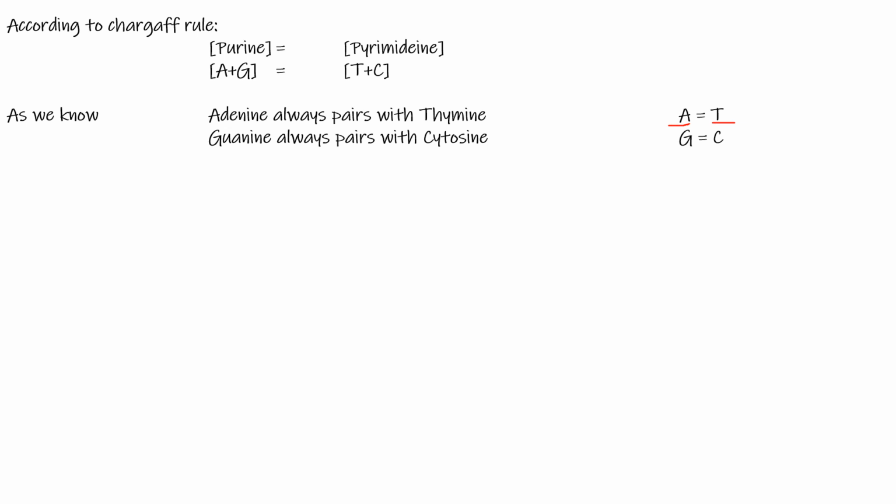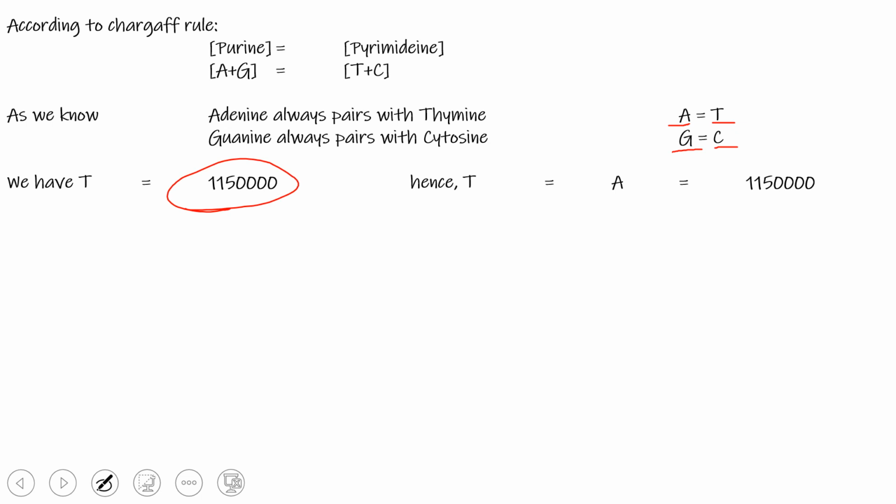Similarly, guanine always pairs with cytosine, so the amount of guanine is always equal to the amount of cytosine. In this question, we have calculated that 23% of 5000 kilo bases is this much, and because thymine is equal to adenine, adenine is also equal to this many bases.